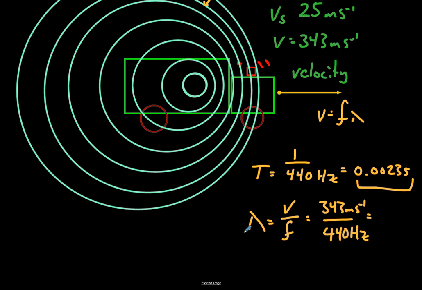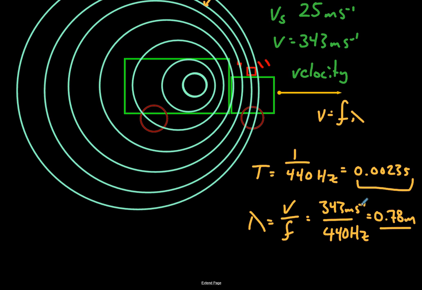This is the true wavelength of the wave when the ambulance is sitting still. So we've got about 0.78 meters for a wavelength. At 440 hertz, on a day when sound is traveling 343 meters per second, each wavelength for a still ambulance is 0.78 meters.